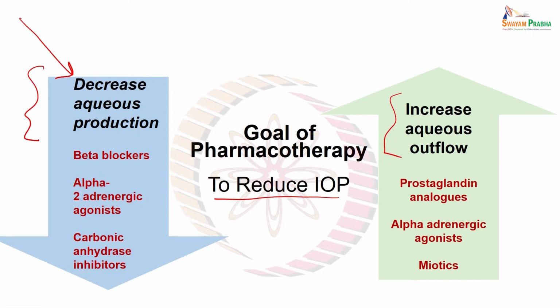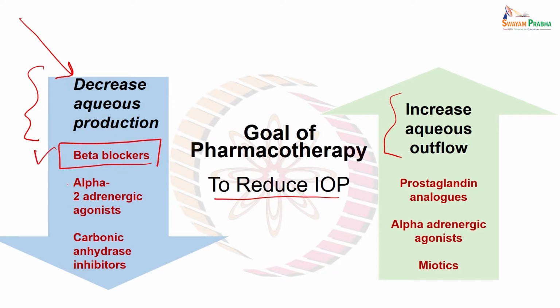Decreasing aqueous humor production is by beta blockers, because beta receptors are present in the ciliary body and are responsible for aqueous humor production. So, if you selectively or preferentially block beta receptors in the area where it is producing secretion, this will be useful.